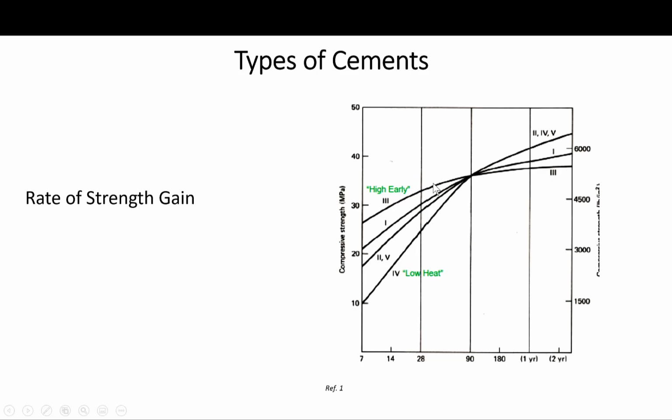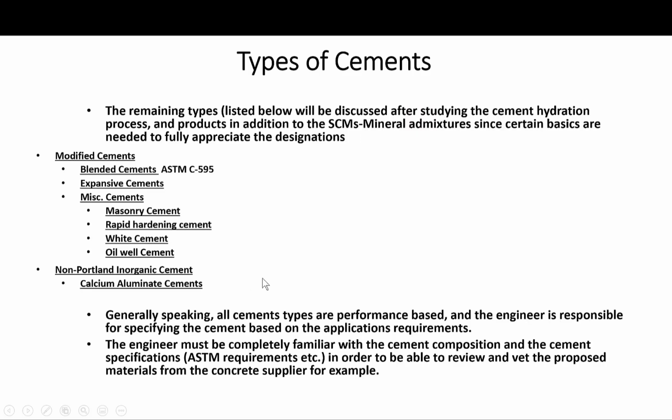But ultimately, we said type 3 is high early strength, but if you look at it, its later strength is less. And for these three other types, 4, 2, and 5, they have higher later strength because they have higher C2S content, which is responsible for the later strength gain.